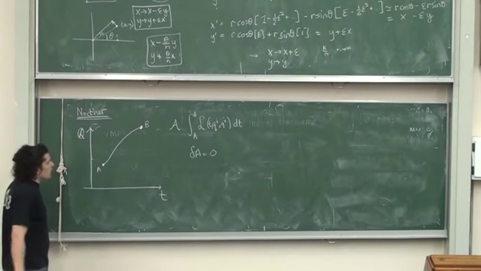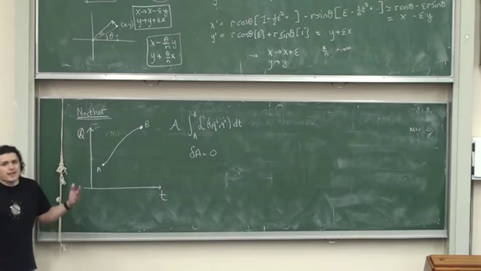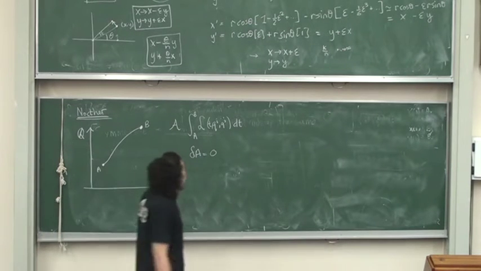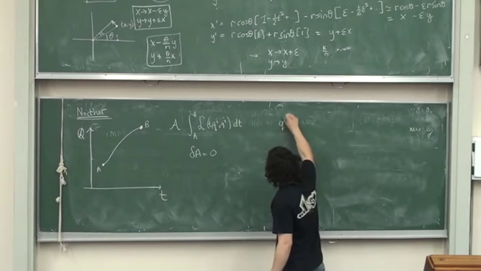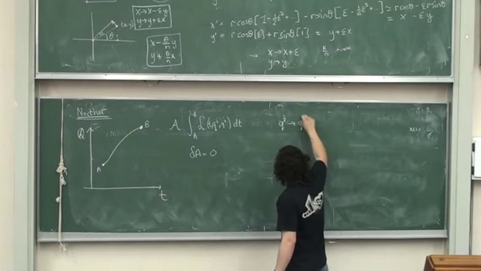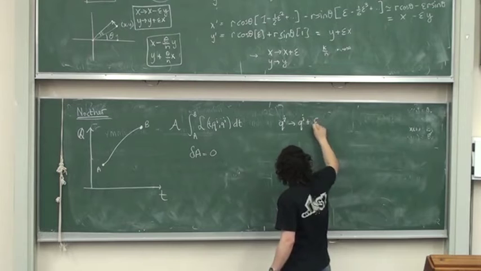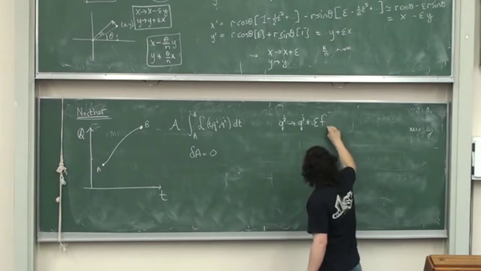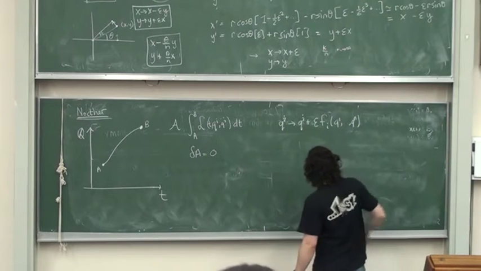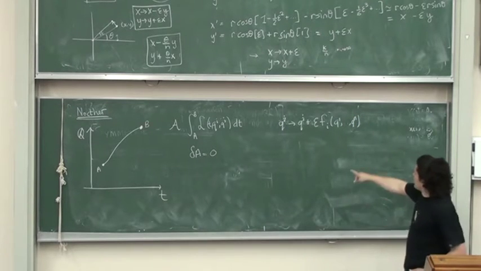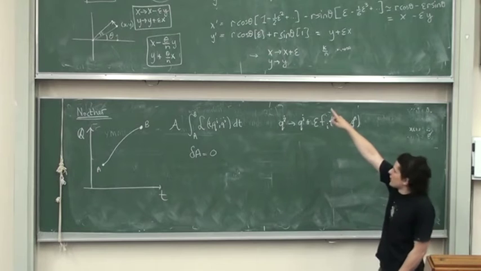Now we're going to apply a transformation to it. The transformation is going to be a general infinitesimal transformation of the form q_i goes to q_i plus epsilon times f_i of q1 to qn. So this is none other than exactly the kind of thing that we've got up there.